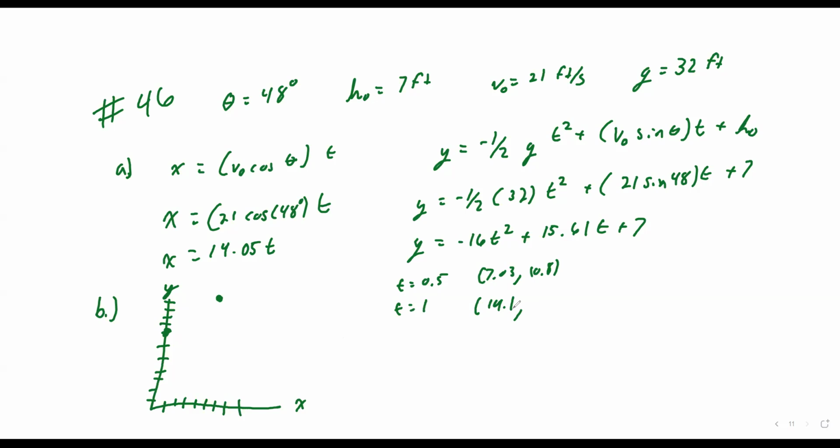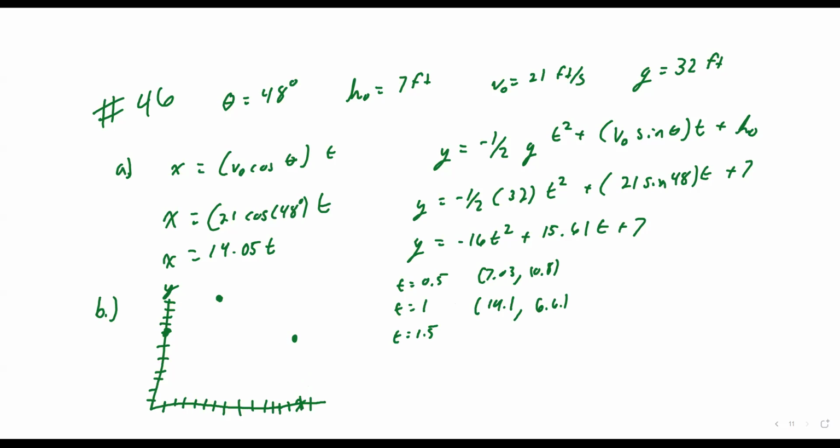And then, oh, it won't let me switch. Oh, I got 6.61 for my y. So at 1, 2, 3, 4, 5, 6, 7, 8, 9, 10, 11, 12, 13, 14, 15. So 14.1, 6.61, roughly right there.